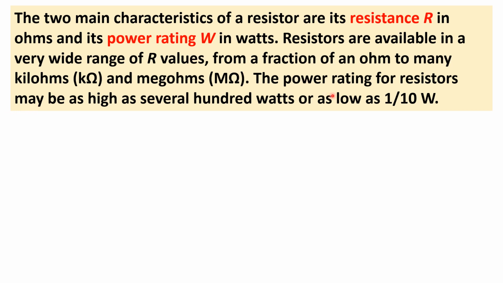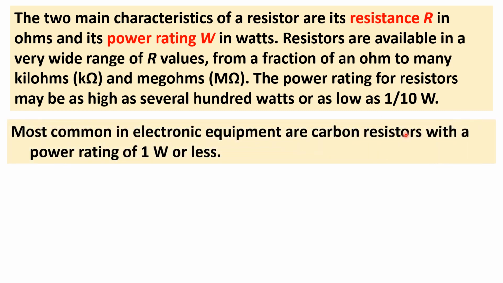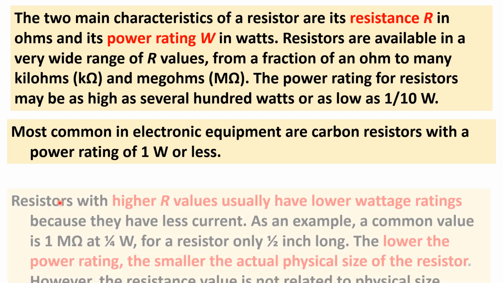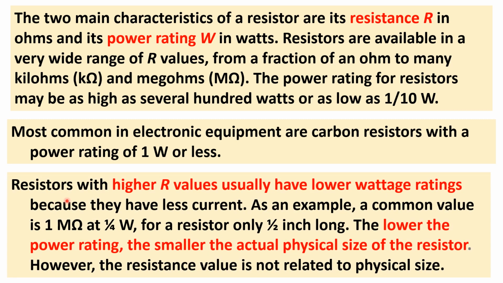The power rating for resistors can be as high as several hundred watts, or could also be as low as 1/10 of a watt. And most common in electronic equipment are carbon resistors with power rating of 1 watt or less. Resistors with higher R values usually have lower wattage ratings because they have less current.